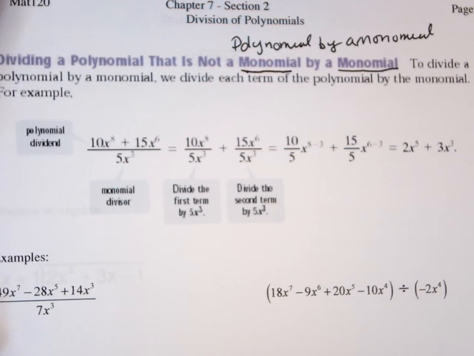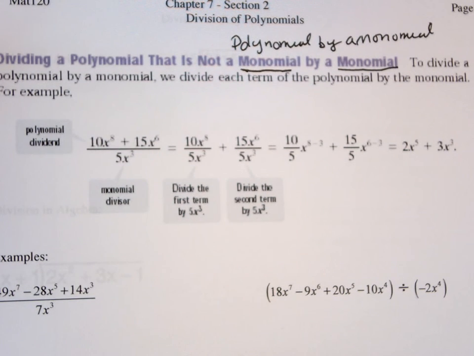Long division, for those of you who are used to doing some of this stuff, does not work well for this type of division unless you really know what you're doing. Otherwise, you'll end up with a completely different answer. And then it gets messy, and then you get confused.